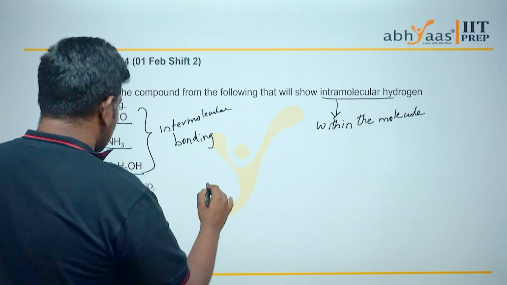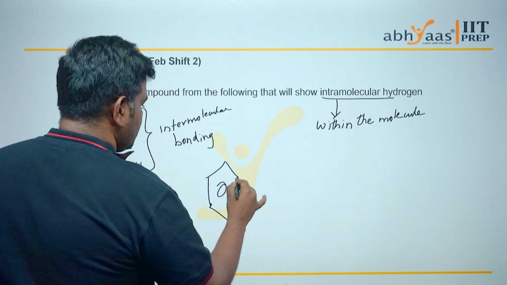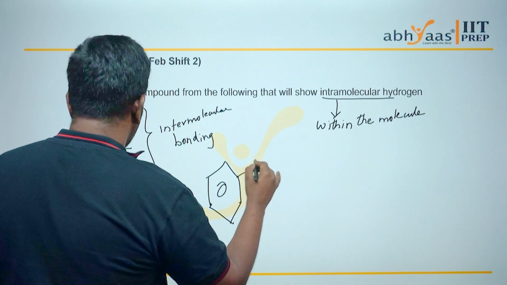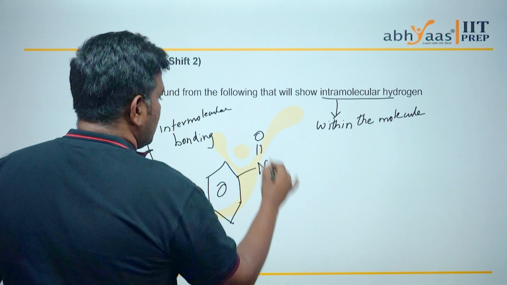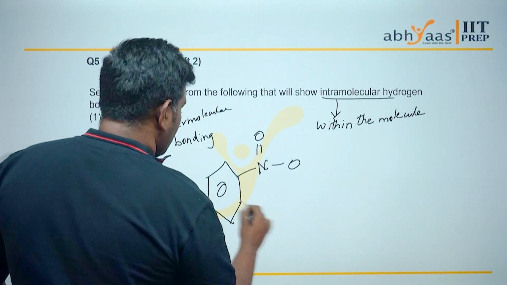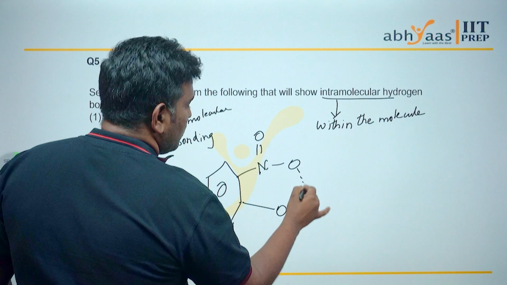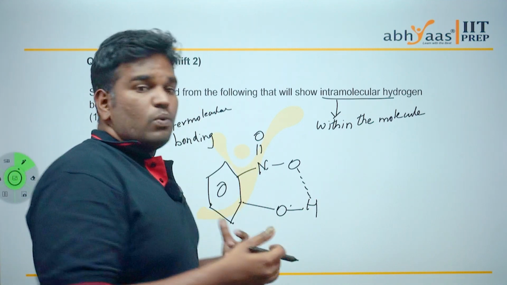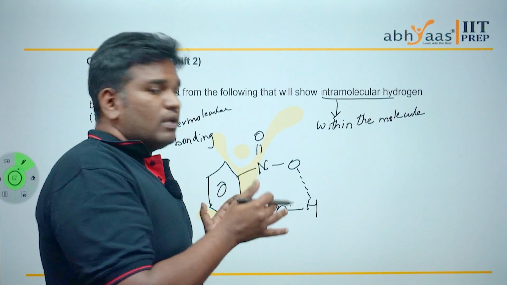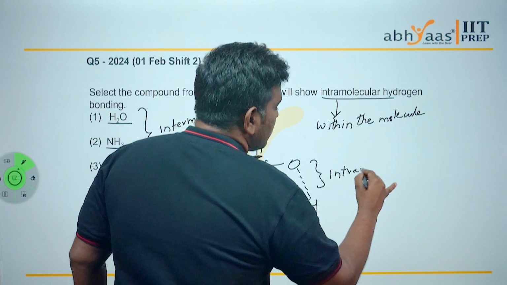Now in the case here, the last one, you can see the figure. Here you have N and you will be having OH. So here this particular O and H will be having a bond within this particular molecule. So here this is actually what? It is an intramolecular bond.